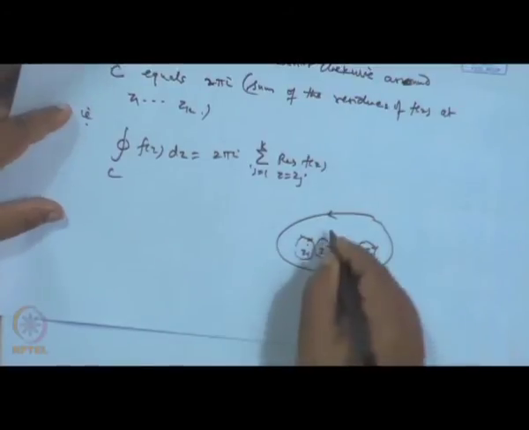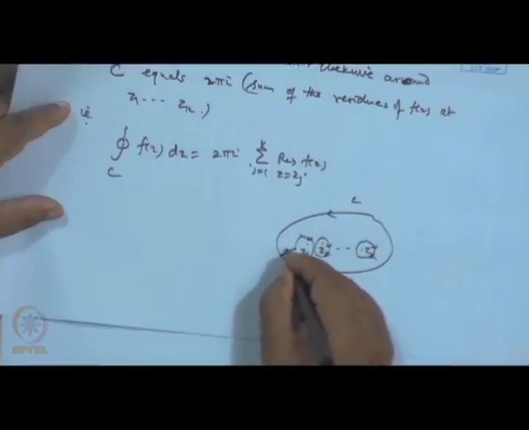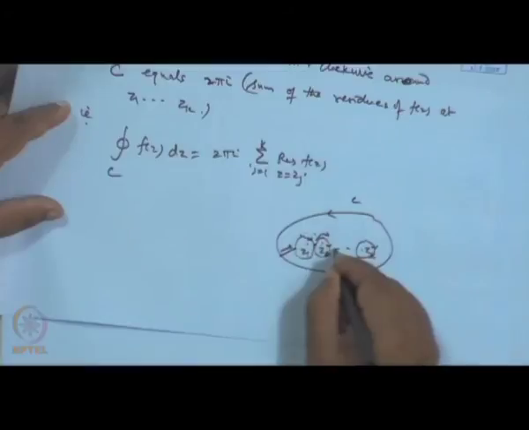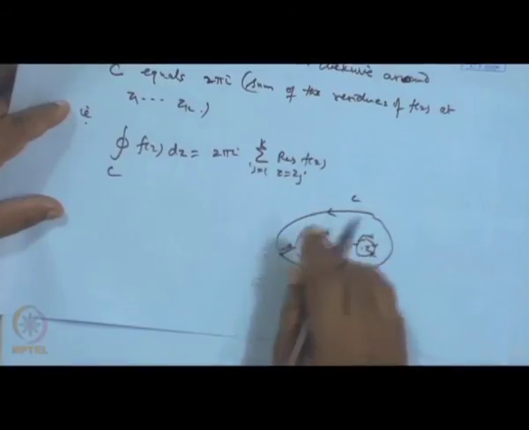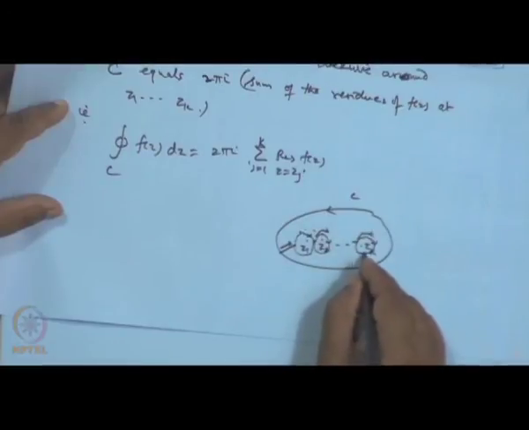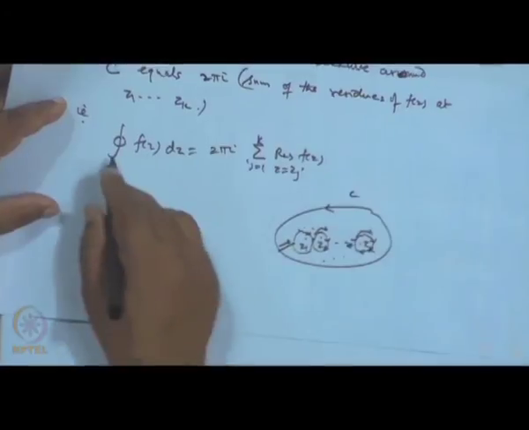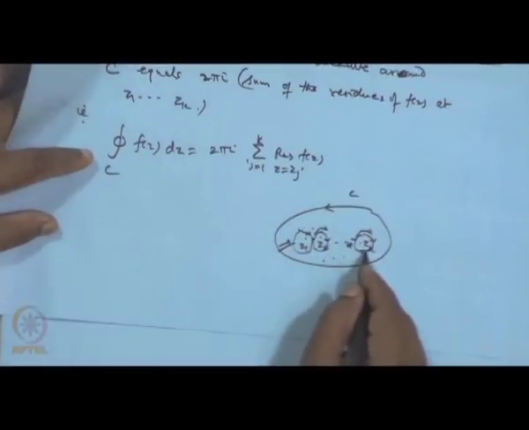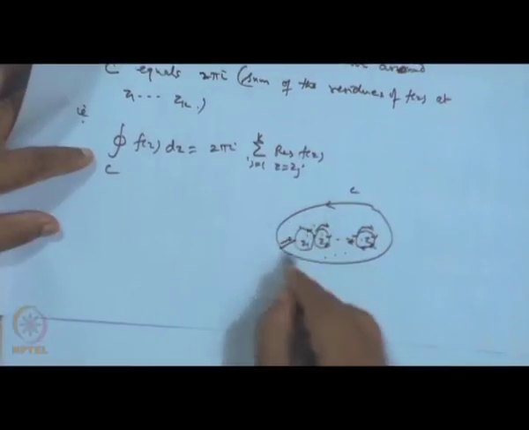Then if I go along the path C and move along this curve, this direction, and then come back in this direction like this, we get a region where the function is analytic. So the integral along the outer boundary C plus this integral must be 0, but here the integration is taken clockwise, and there it is anticlockwise.